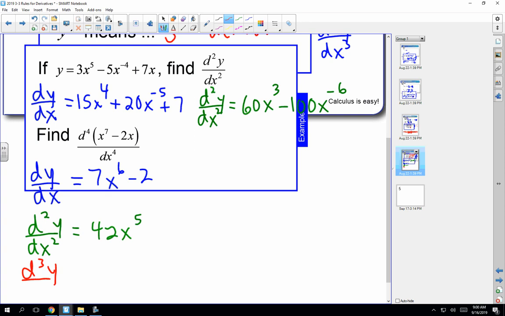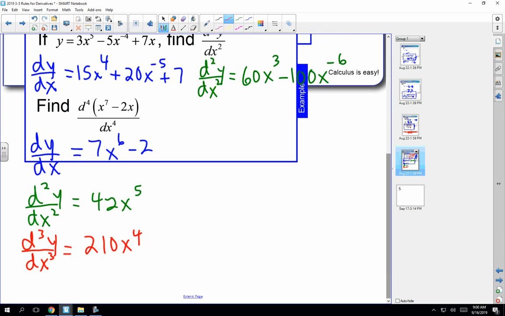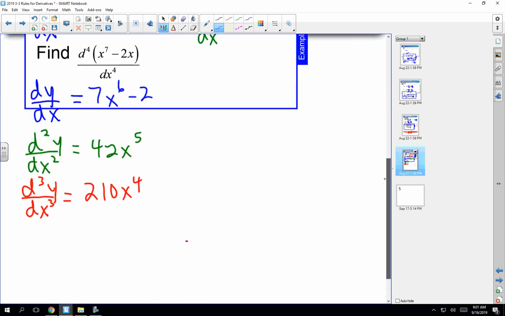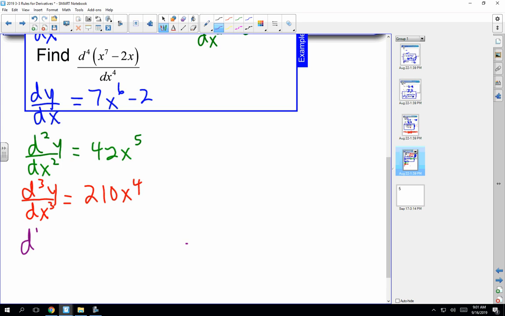And then d3y dx3 is equal to 210x to the 4th. And then finally, we have d4y dx4, the fourth derivative, is equal to 4 times 210, so 840x to the third.